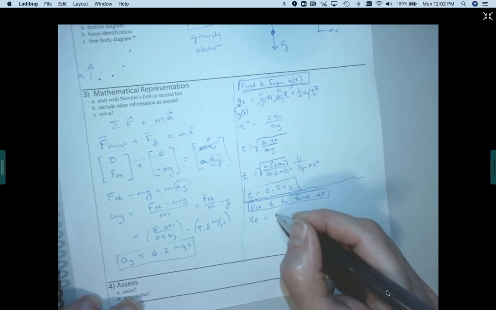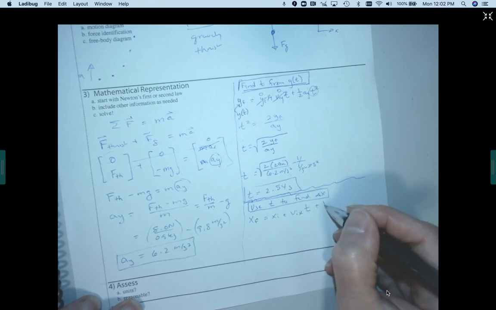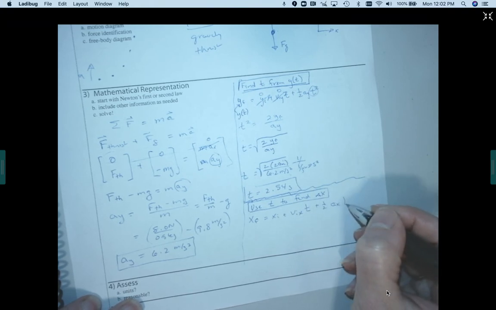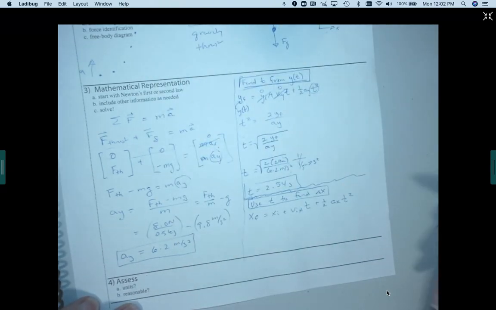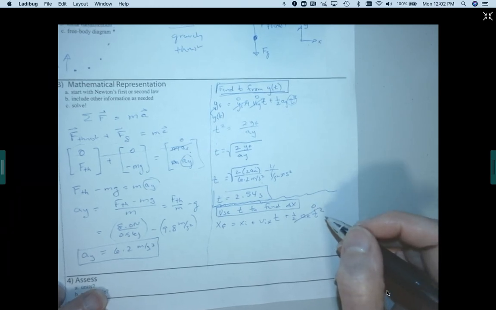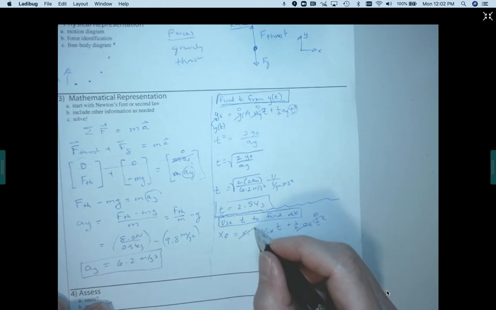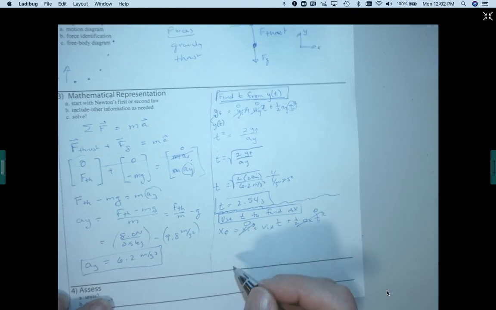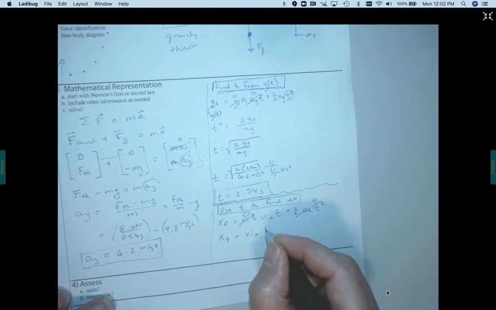So x final is x initial plus v initial x t plus 1/2 ax t squared. ax is 0. We kind of knew that from just looking at it, knowing there are no forces in the x direction. The initial x, we're saying, is 0. So x final is v initial x times t.